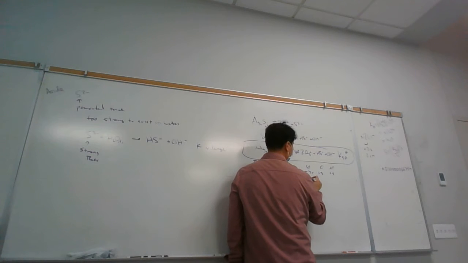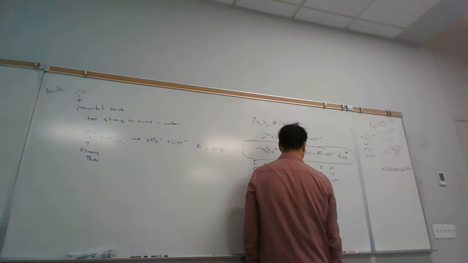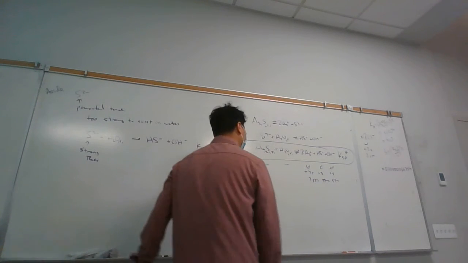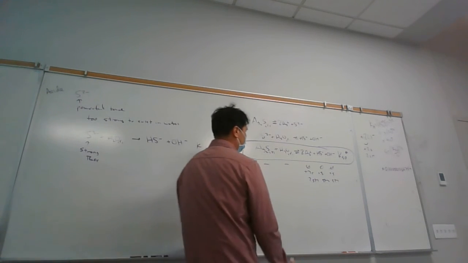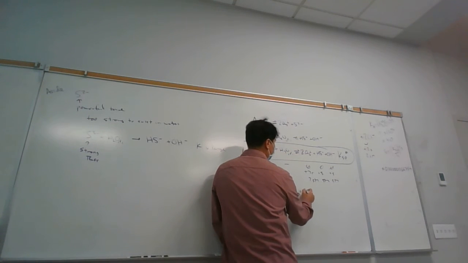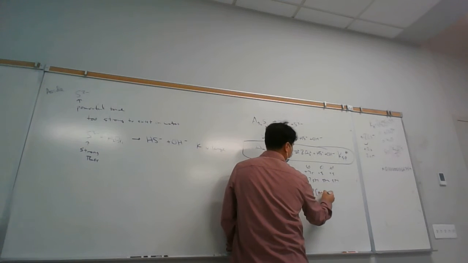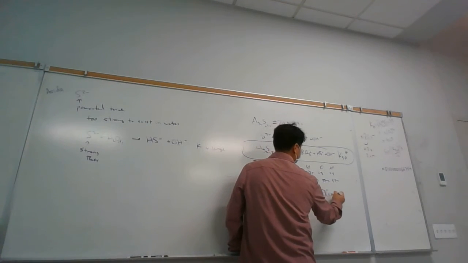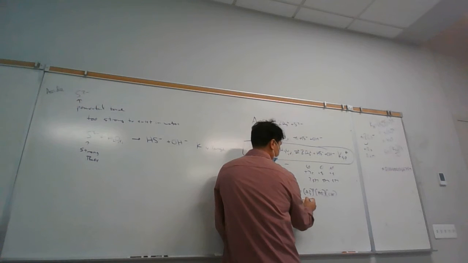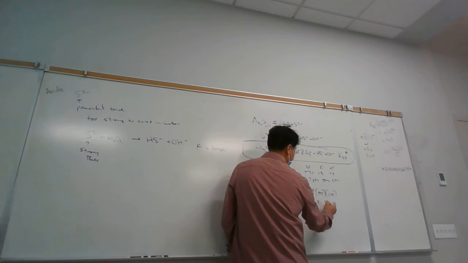Then we get 2s molar, s molar, and s molar. So the KSP equation is going to be the silver ion concentration squared times the HS minus concentration times the OH minus concentration. So it's very weird looking. This would be 2s squared times s times s.